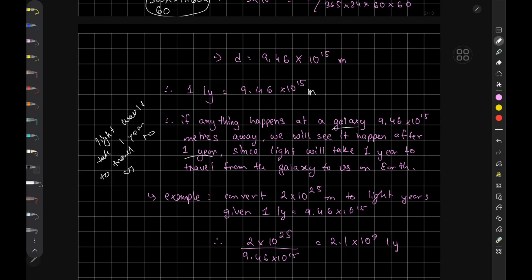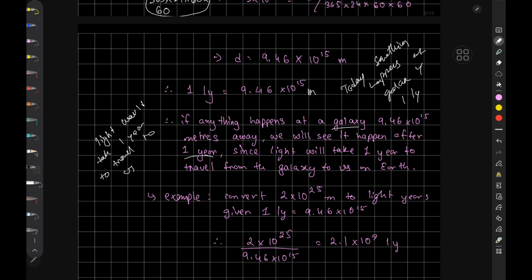So if, let's say, today something happens at galaxy Y, which is 1 light year away from us, then after 1 year we will receive the light from the galaxy showing what had happened today.